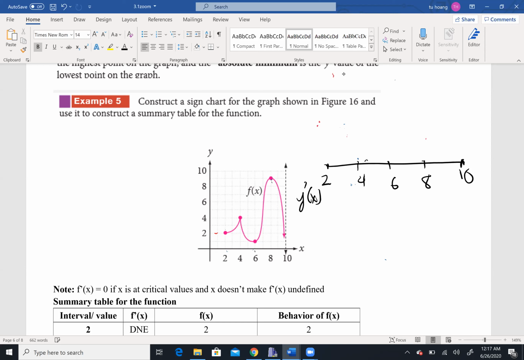Now I'm going to have the sign value of f of x under each interval here. So here's 4, here's 6, here's 8, and another row is going to be for f of x, and I'm going to separate it from 2 to 4.